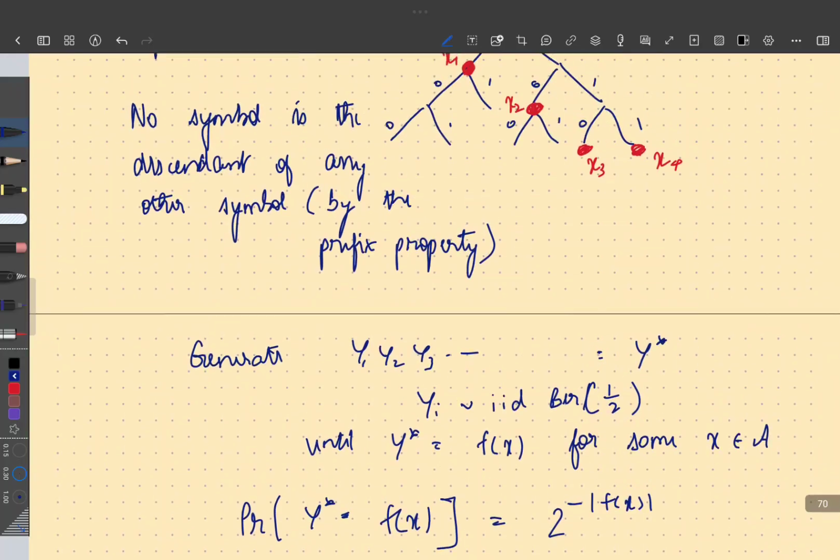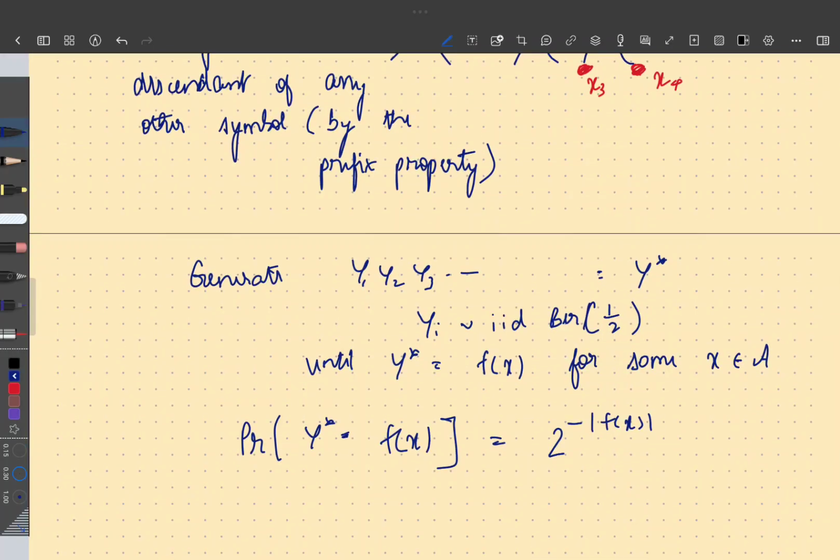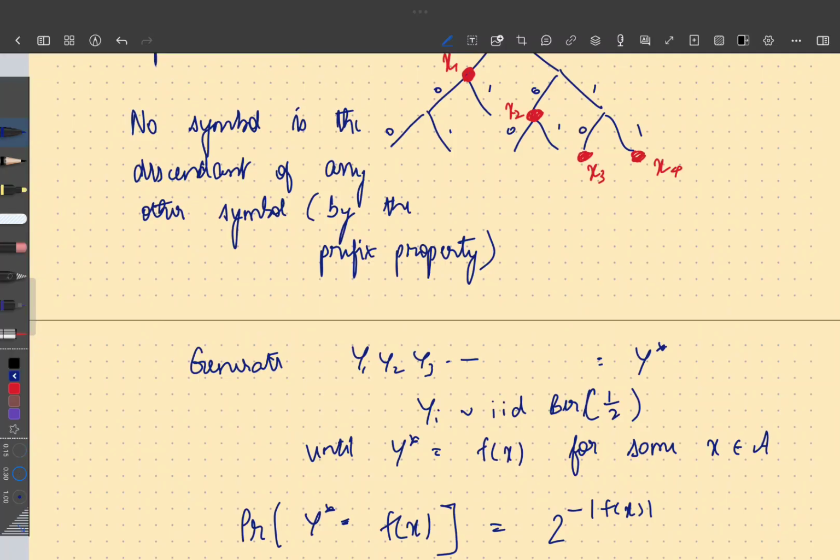Now, no matter what happens, with positive probability, I will hit one of the xi's. This is not guaranteed if one of the nodes is a descendant of the other, because then there's a possibility that it will never reach that symbol, because once it reaches the ancestor, it's never going to go down.